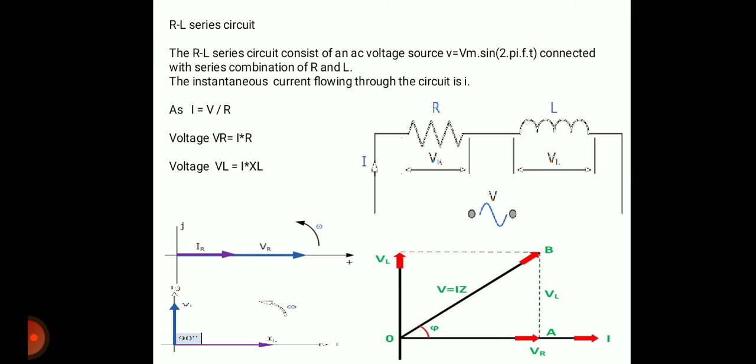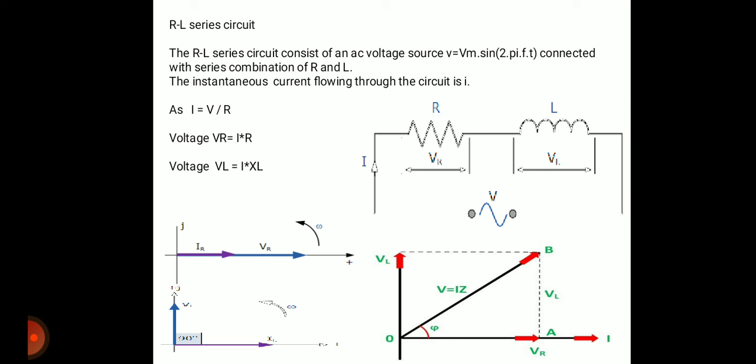Because we have merged these two phasor diagrams, we have to draw the resultant phasor for the supply voltage V. We have two different voltage phasors, VR on the x-axis and VL on the y-axis. The resultant phasor is in between VR and VL.